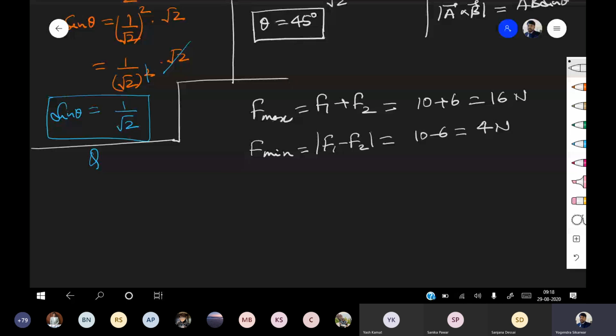No. Can 3 be the answer? No, no, no, no, no. Can 17? No, sir. So what can be the answer? 15 answer. Got it? Minimum value is 4 Newton. Maximum value is 16 Newton. So any value in between these two can be possible.